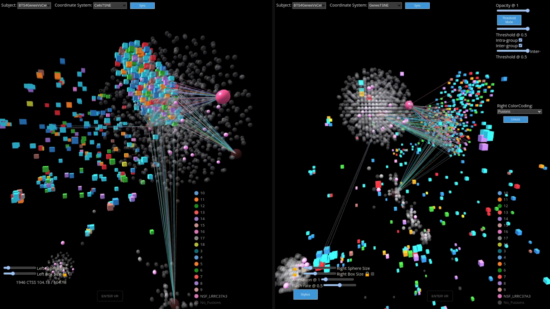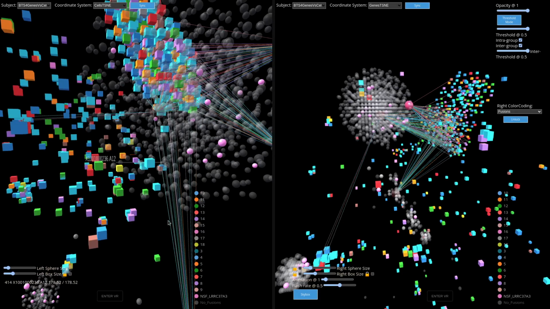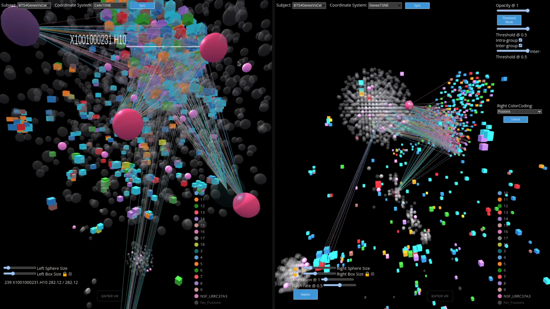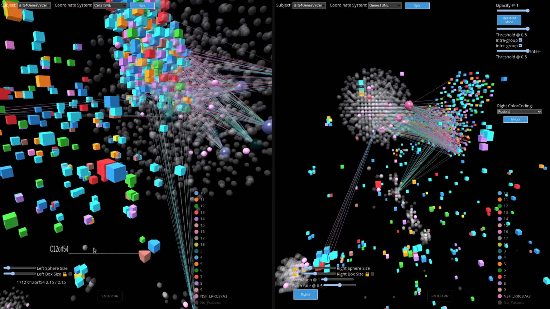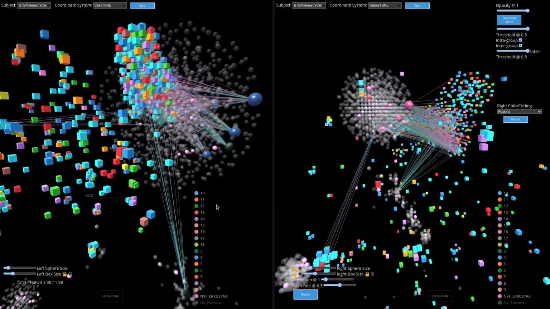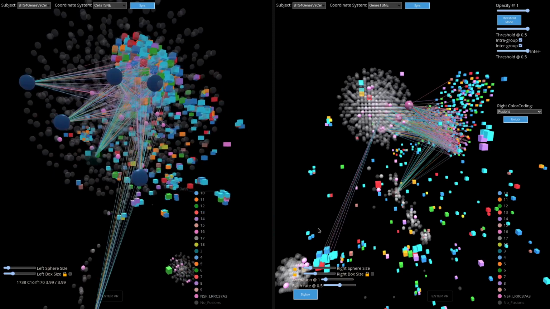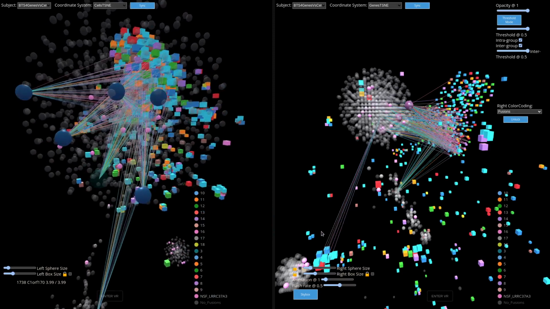We've adjusted the sizes of the glyphs, so we can click on some of these fusion harboring cells and find which other cells they share a lot of gene co-expression profiles with.